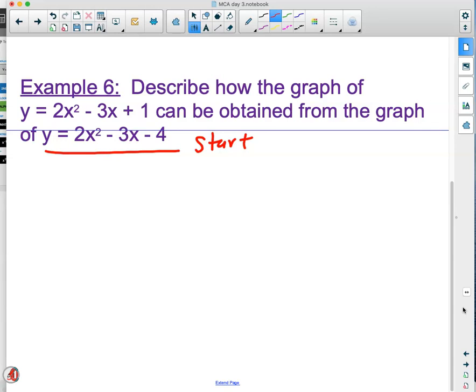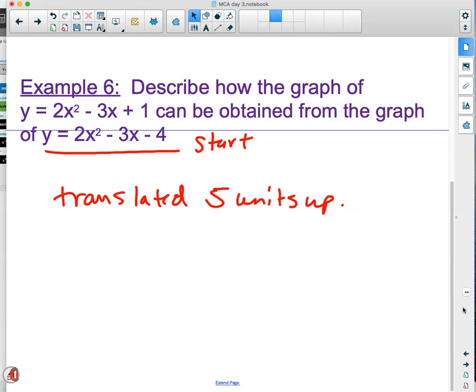Where did they move that graph? 5 up. Because it went from a negative number to a positive number, we moved that little bugger up. And again, you could graph it if you have time and see, yes, this graph moved up.